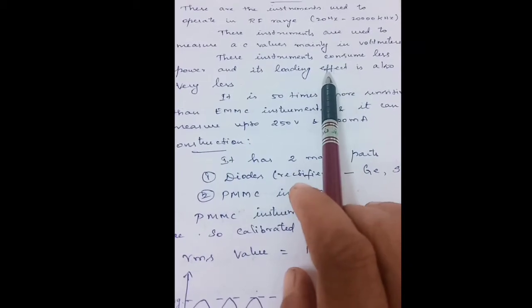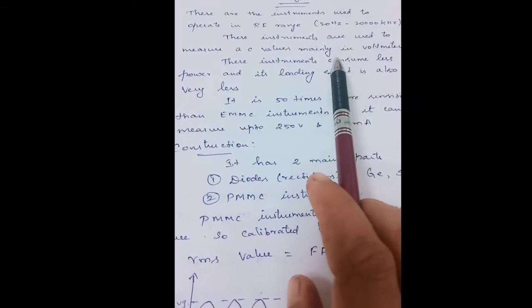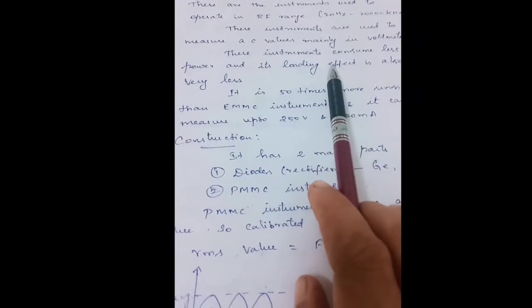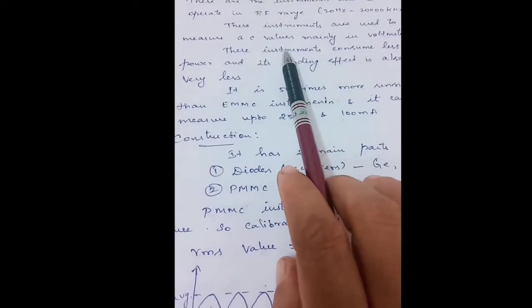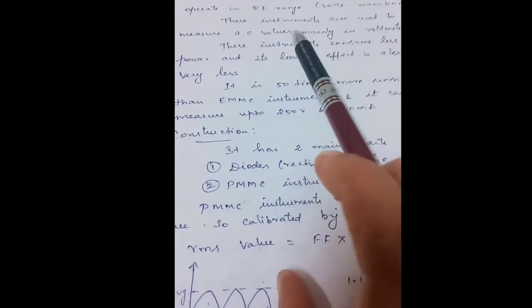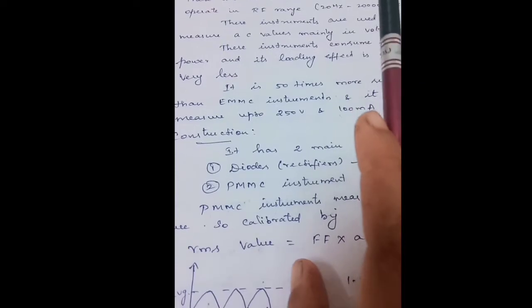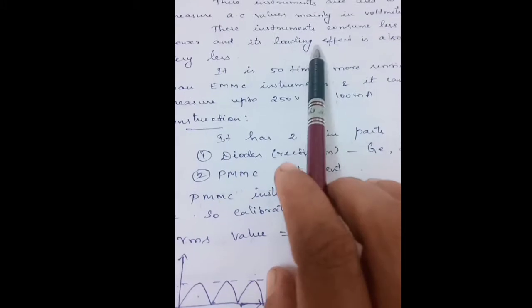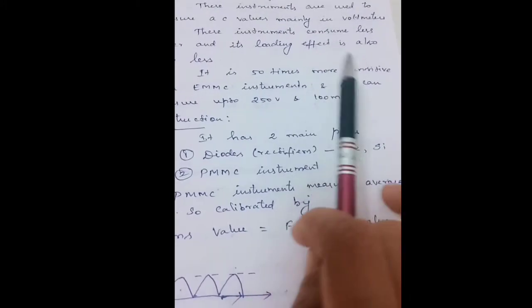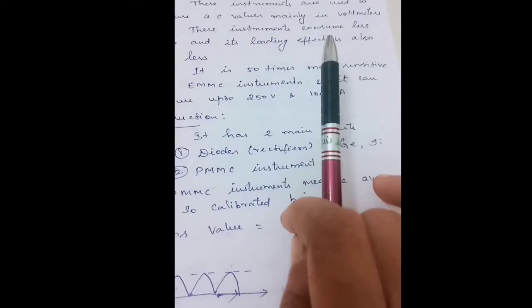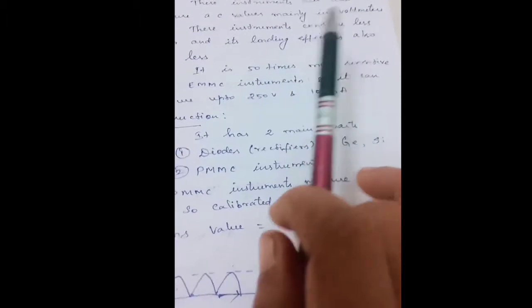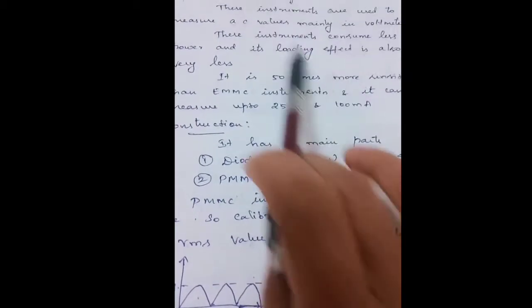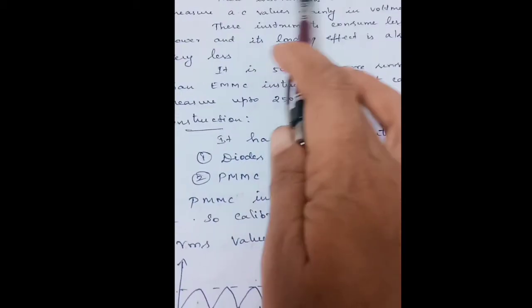Whereas the MI or electrodynamometer types consume much power for their operation, the rectifier and PMMC instruments consume less power. PMMC also has the same advantage, but we can't use a PMMC instrument for AC measurement. That's why we go for rectifier type instruments.